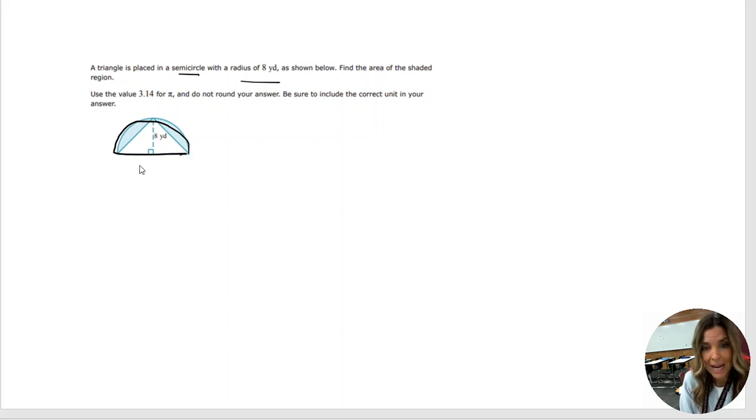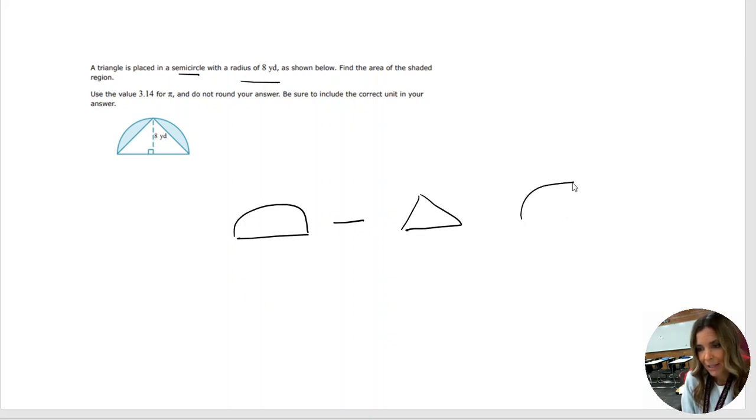We also have a triangle inside that semicircle, and so to be left with the area of the shaded region, we are going to have to take the area of the semicircle and subtract out the area of the triangle. That's going to leave us with the area of this shaded space.